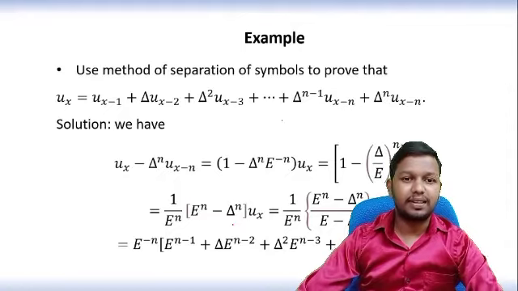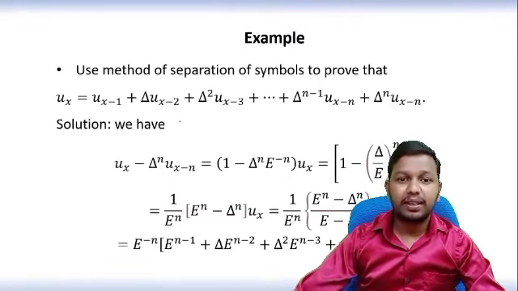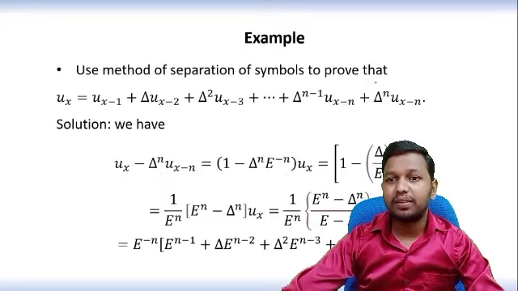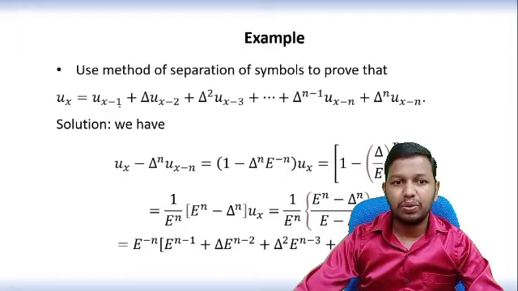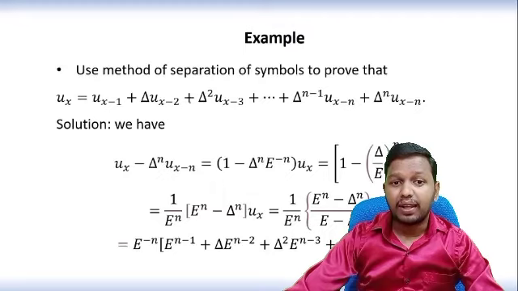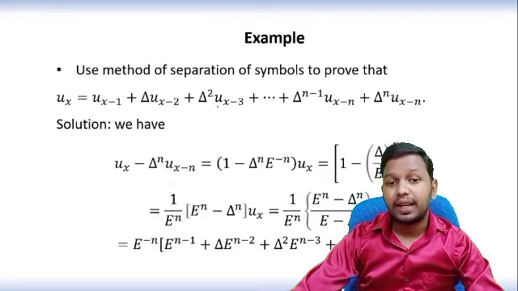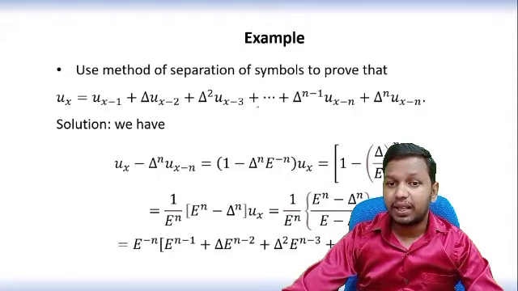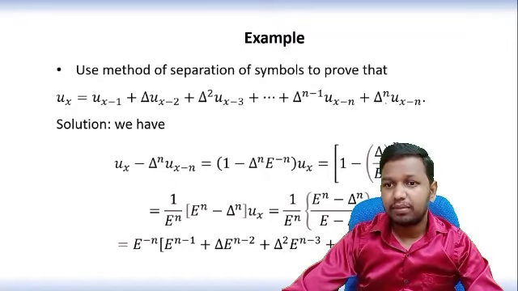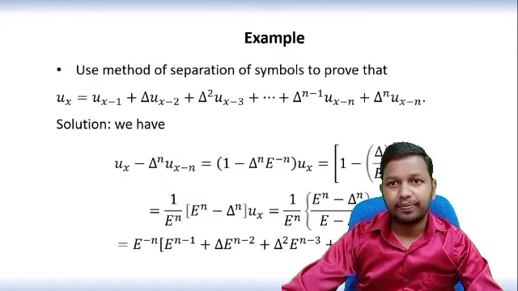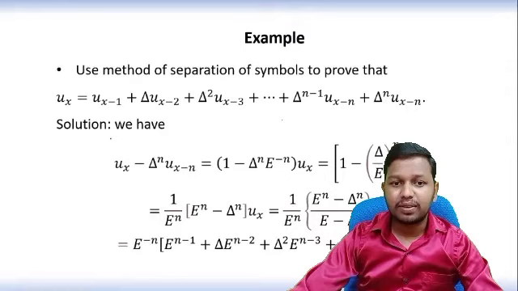So first example is that use method of separation of symbols to prove that ux is equals to ux minus 1 plus delta into ux minus 2 plus delta square ux minus 3 plus and so on plus delta to the power n minus 1 ux minus 1 plus delta to the power n ux minus n. So let's see the solution for this one.